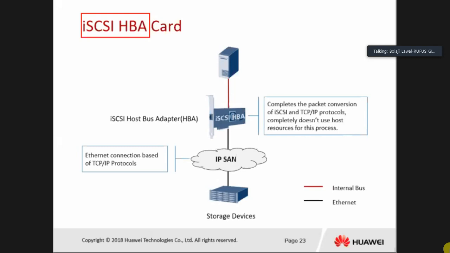Examples of targets include iSCSI disk arrays and iSCSI tape libraries. Don't worry, in the subsequent slide, I'll show you what I just said. Just take note of the iSCSI card. When I ask you to mention the type of network card we have discussed today, you will know.